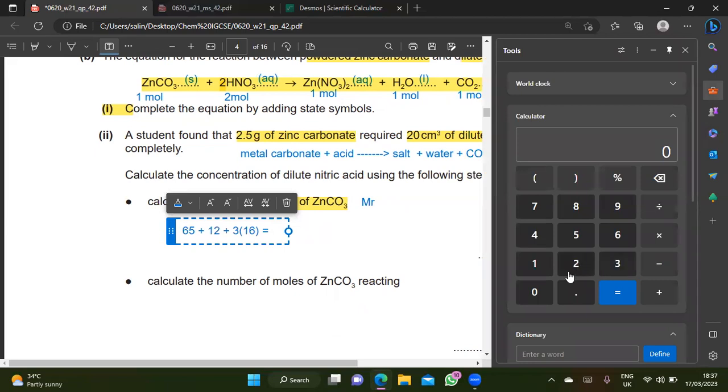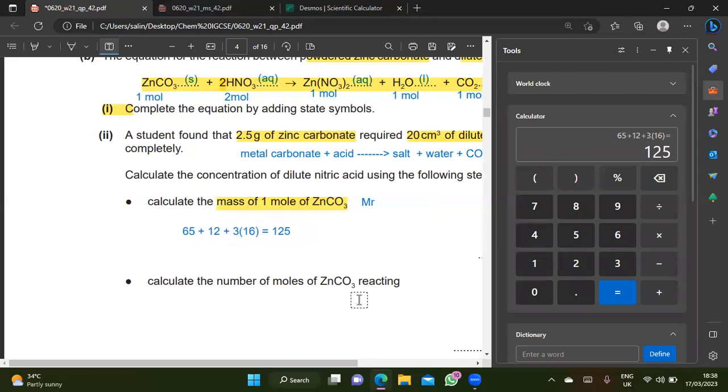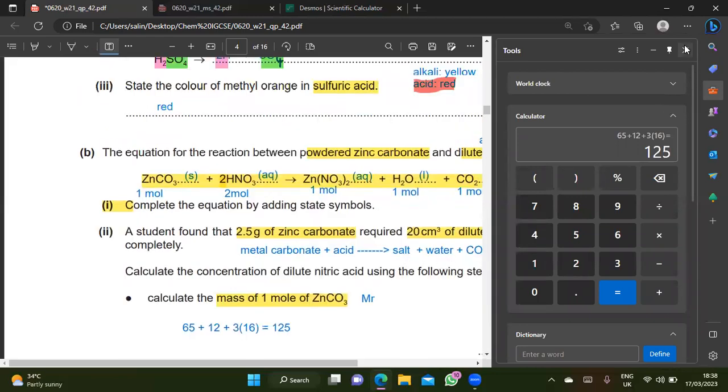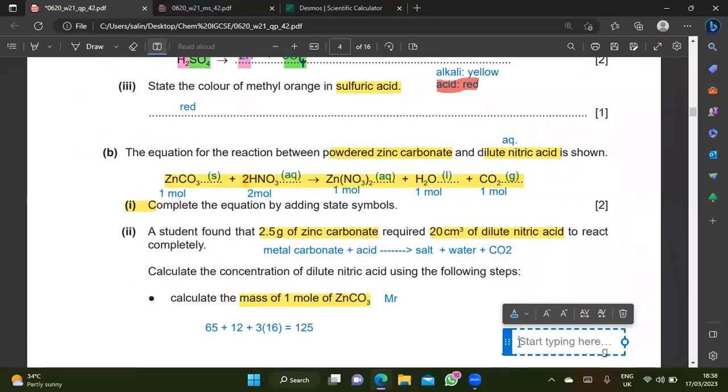Key this in the calculator. 65 plus 12 plus 3 times 16. Nowadays calculators are so good because you can even key in whatever you wrote down here. Done. 125. There you go.